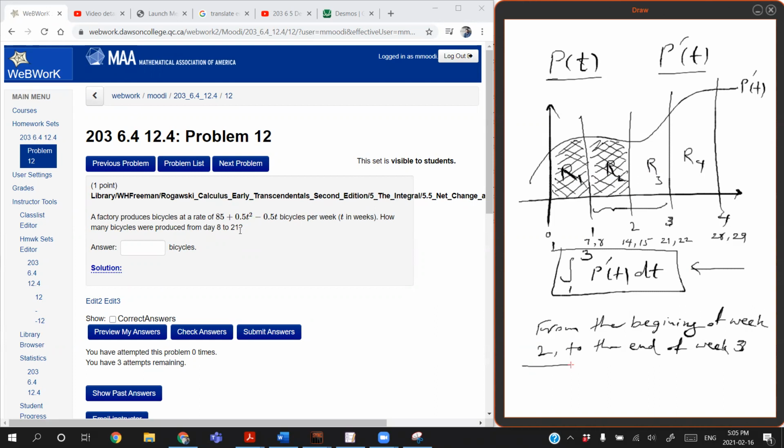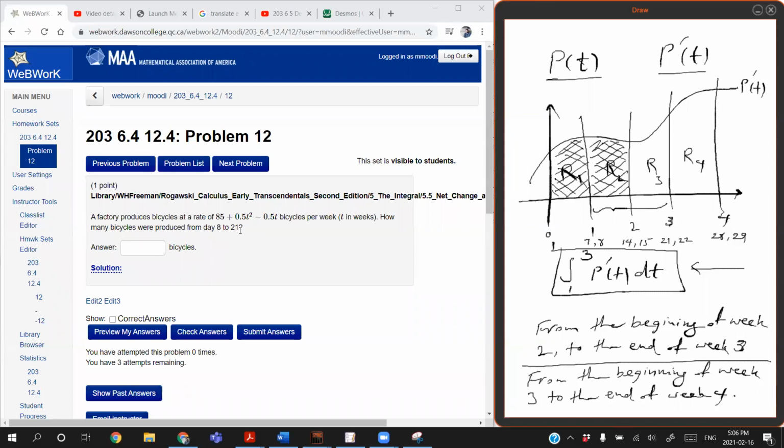So another example, if it says from the beginning of week 3 to the end of week 4, if it is asking us for the production from the beginning of week 3 to the end of week 4, that means we have to look at regions 3 and 4.